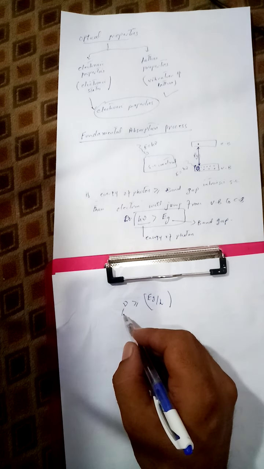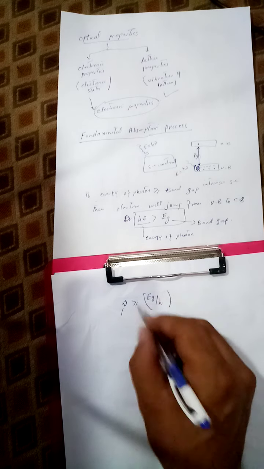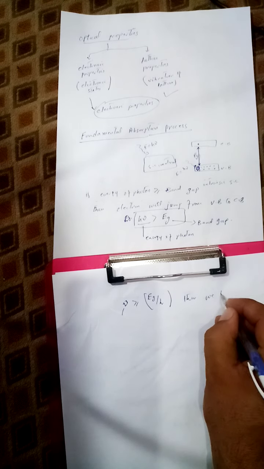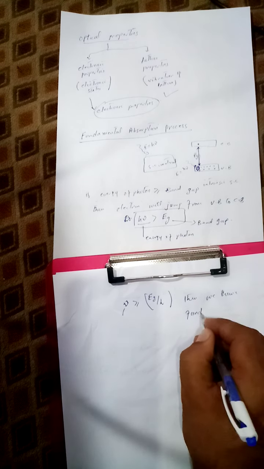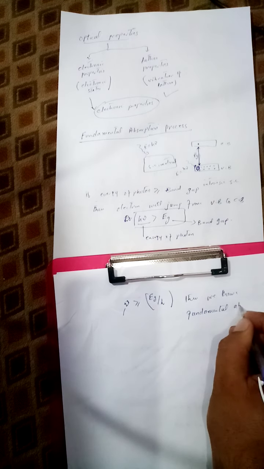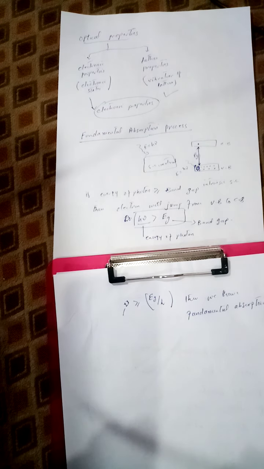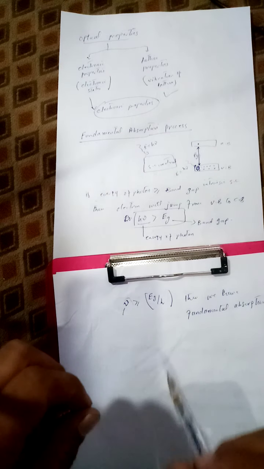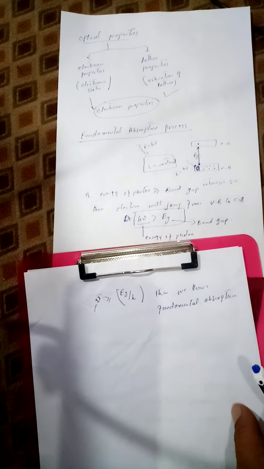Like if the incident photon has a frequency greater than or equal to this value, then we have fundamental absorption process. By fundamental absorption, we mean that the electron will absorb this photon whose frequency is nu, and the electron will jump from valence band to the conduction band.